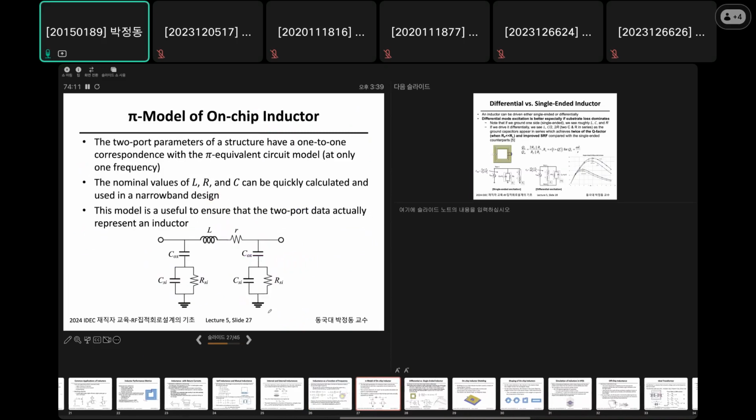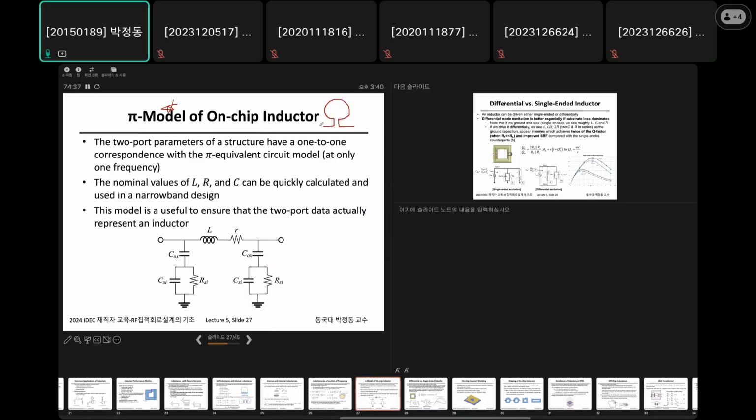Now let's talk about the inductance model. This is very important, because people sometimes look confused. The typical on-chip inductor looks like this.